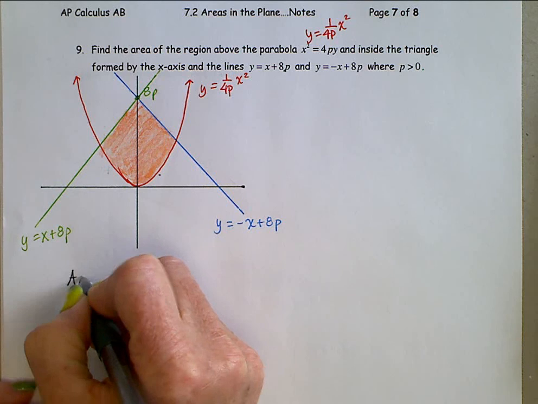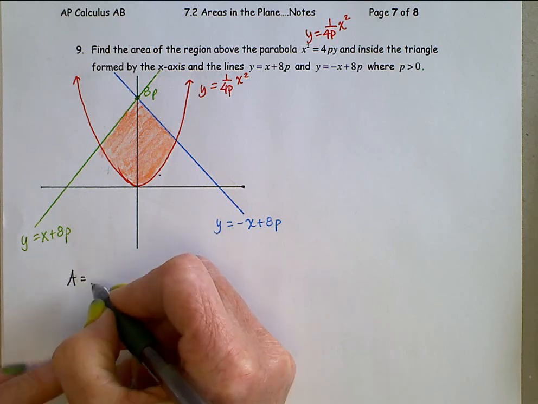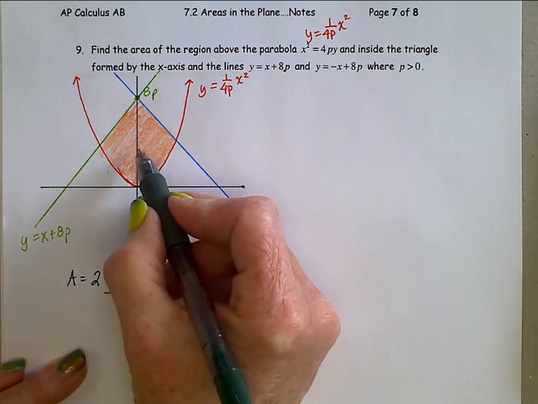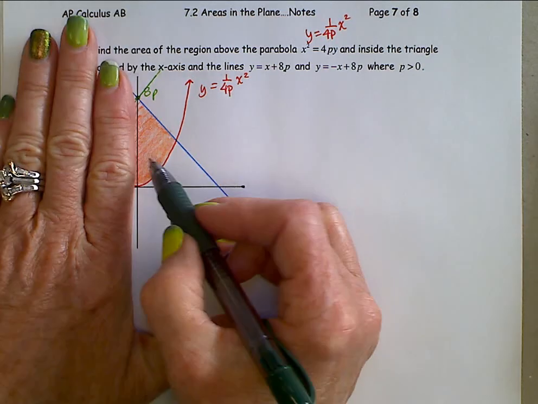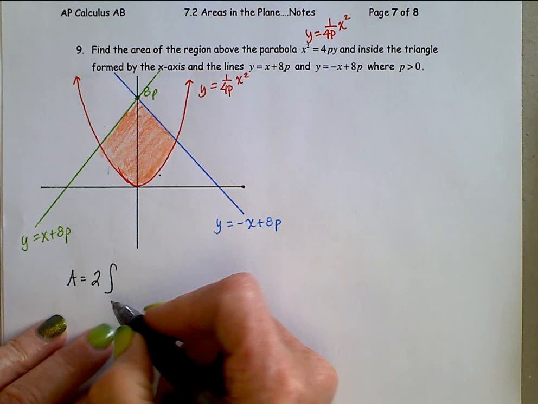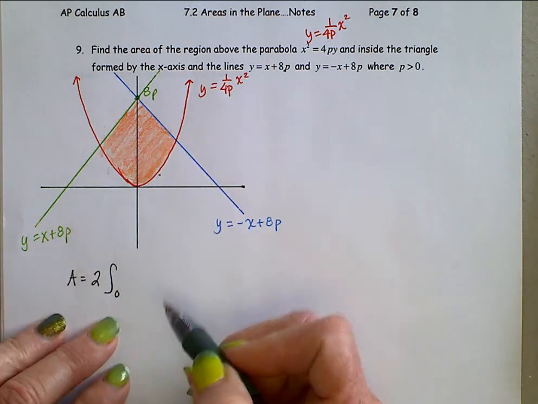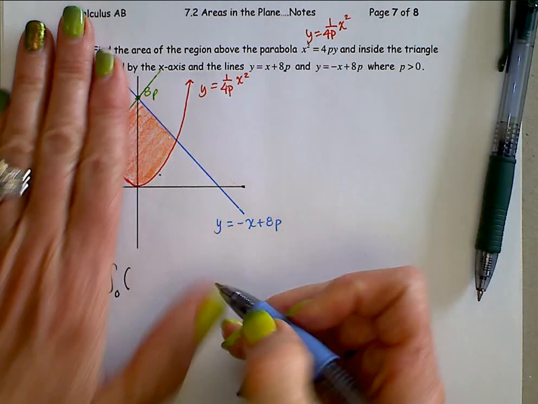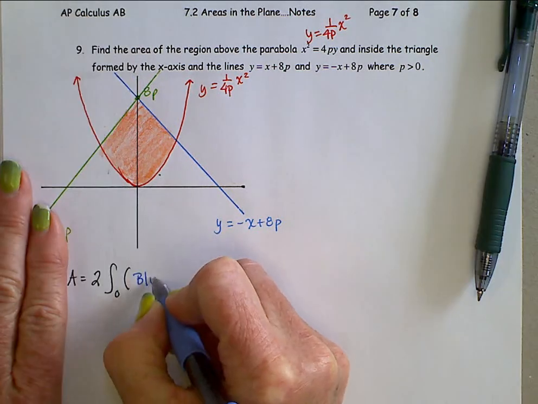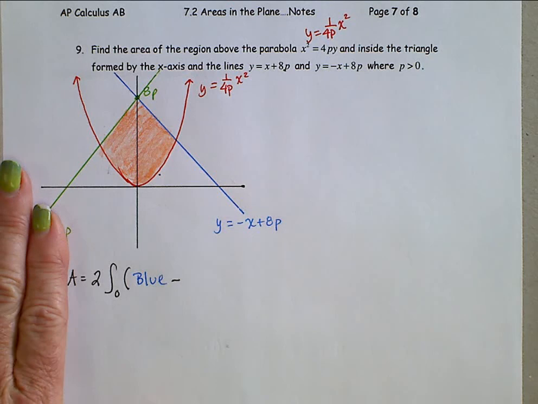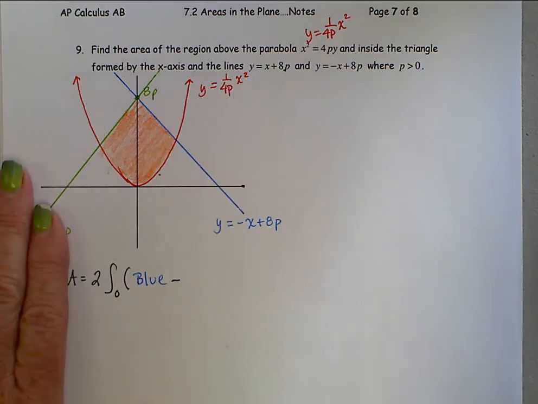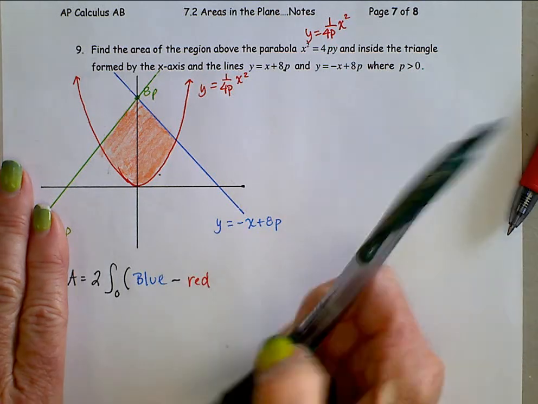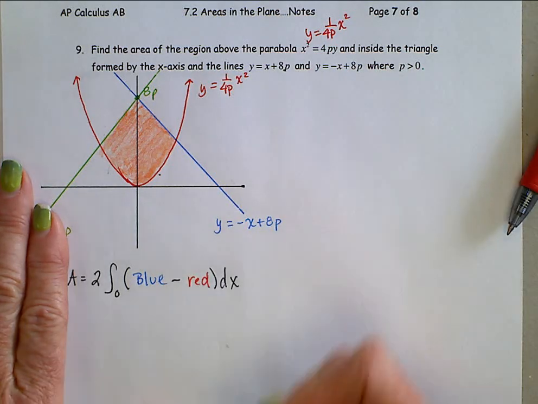So when we set up this area, we'll have two of these integrals from 0, because that's where it's going to start, up to, we'll figure out that ending point in just a couple of minutes, of our top function, blue, minus bottom function, red, dx.